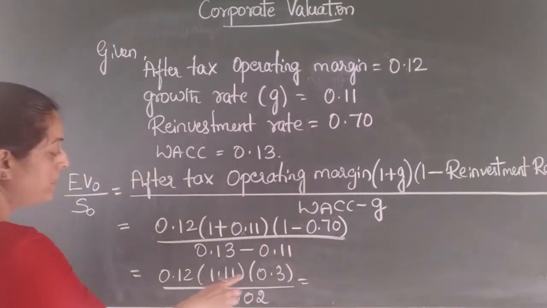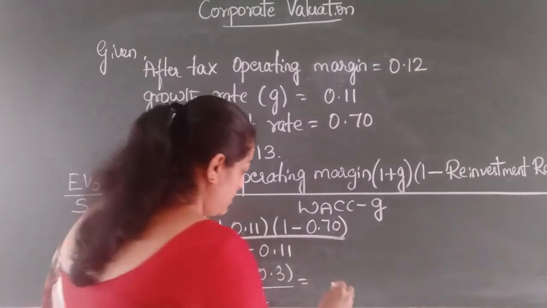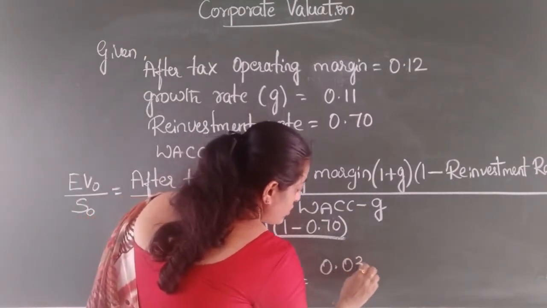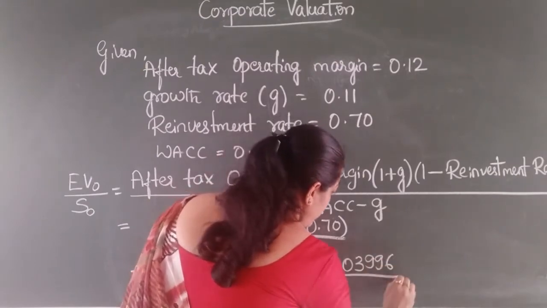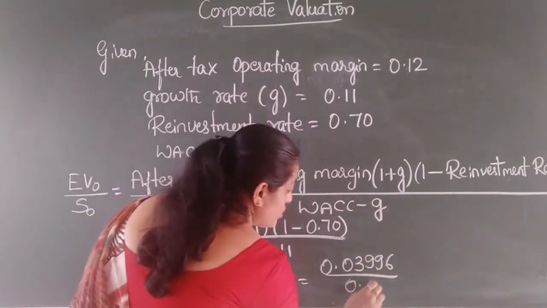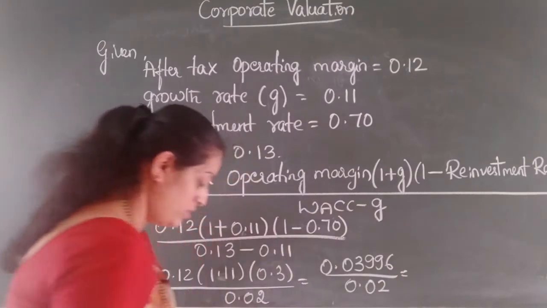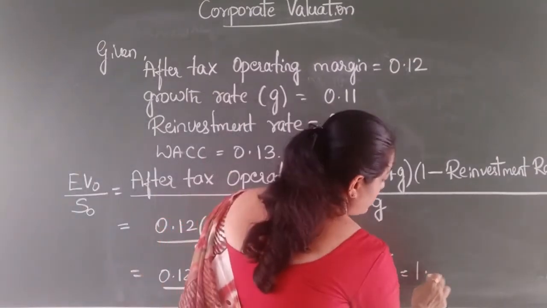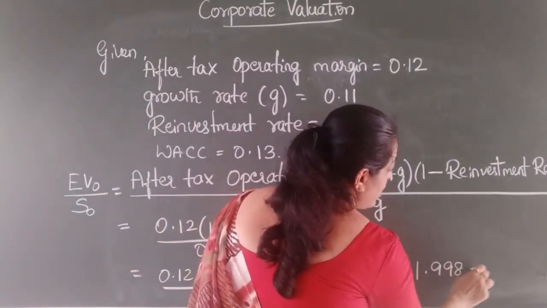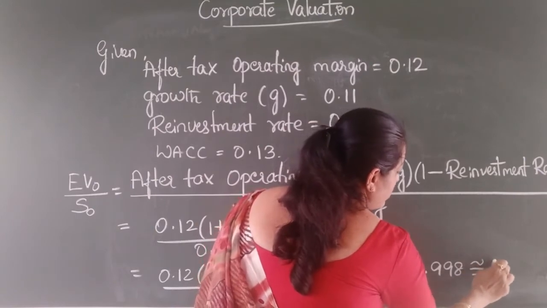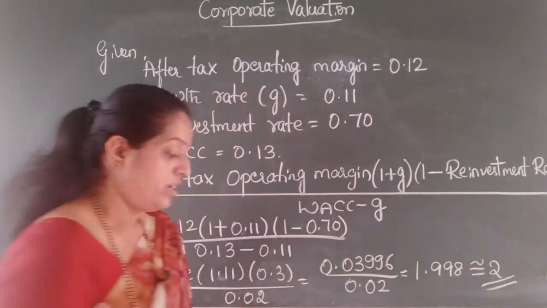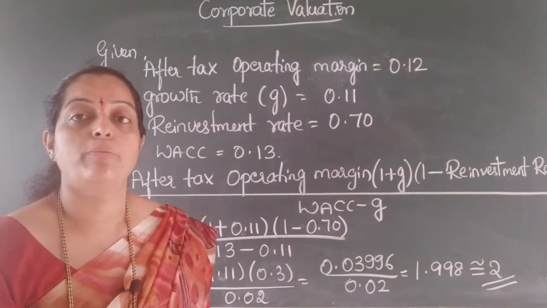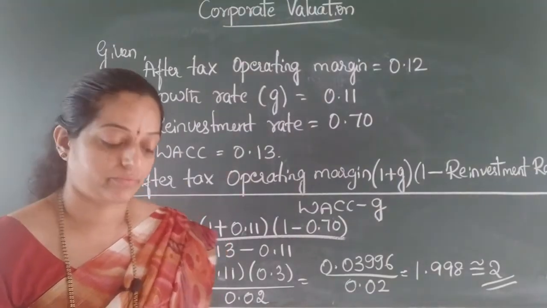Multiplying the numerator, the answer is 0.03996 divided by 0.02. So we get the answer 1.998, approximately 2. This is the enterprise multiple of Moderna Limited.